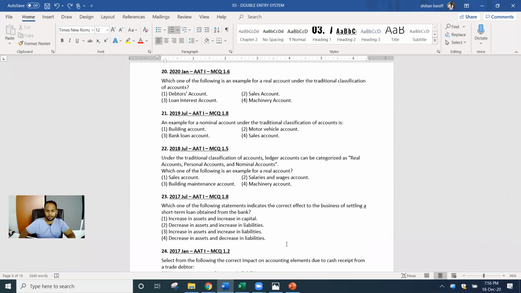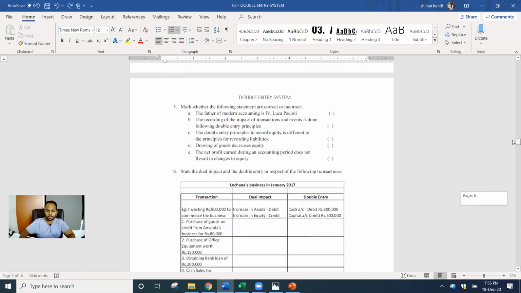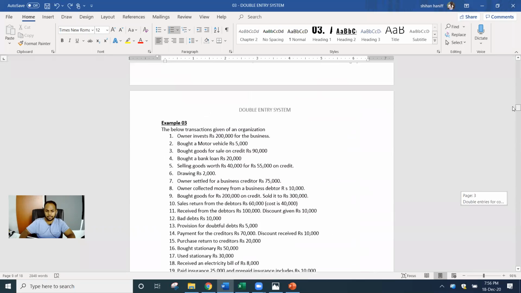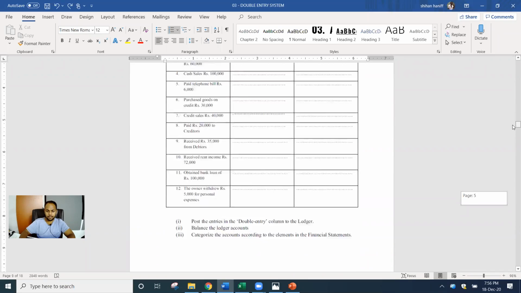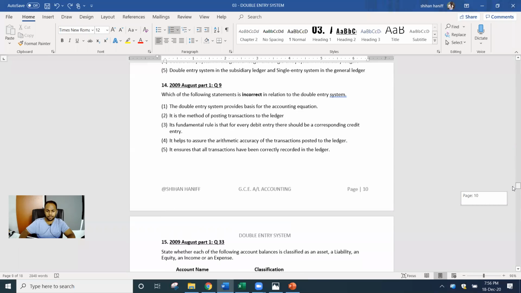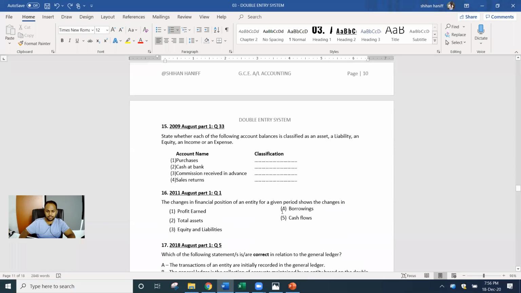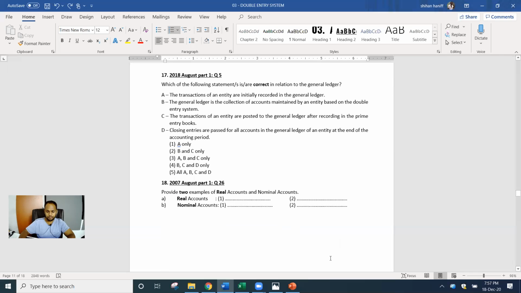So you all can complete the rest and do the MCQs. I will discuss the MCQs in the next session, and I will share the answers as well. Any other doubts?